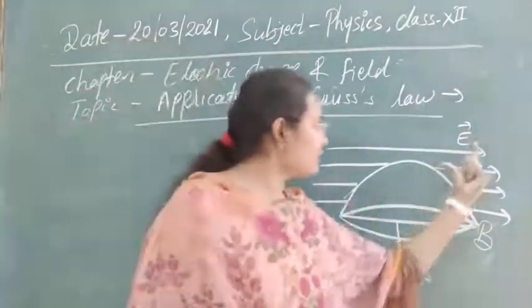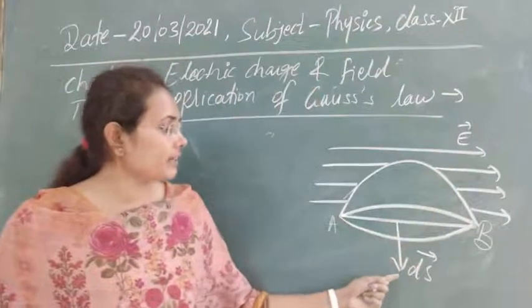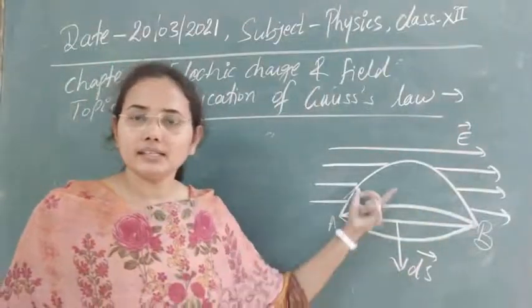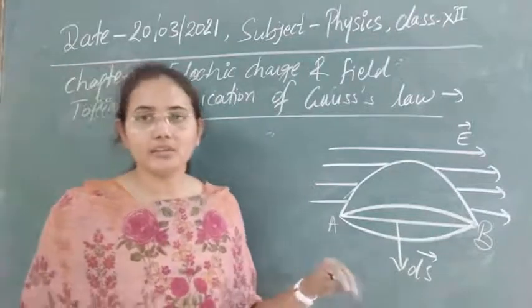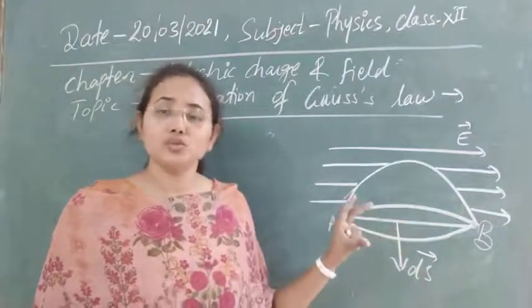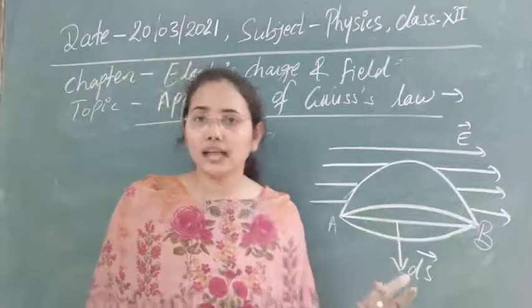In the first case, the angle between the electric field and the area vector is clear from the figure: it is 90 degrees. First you have to understand how to draw such a figure so that you can understand the angle between them.